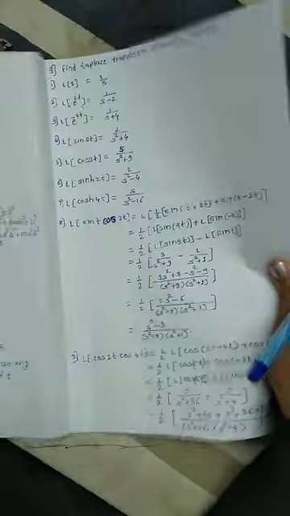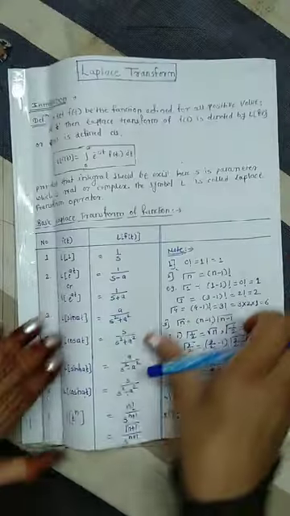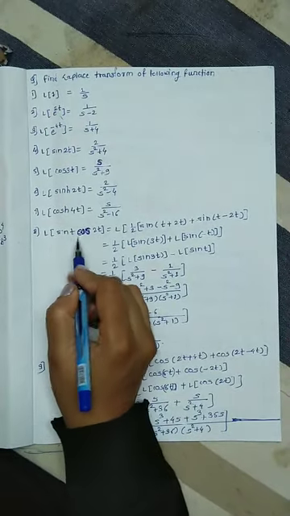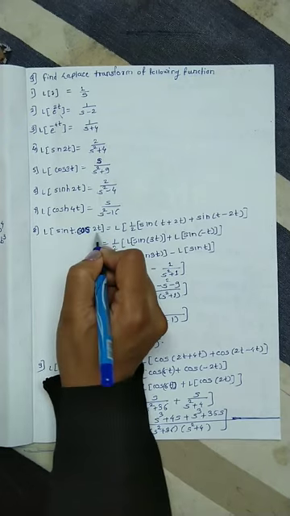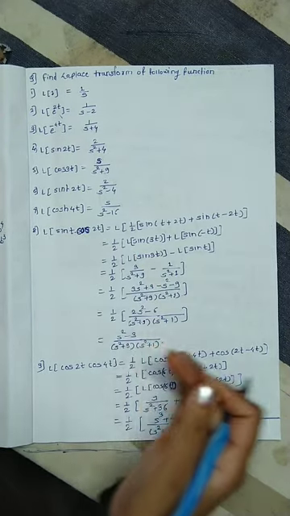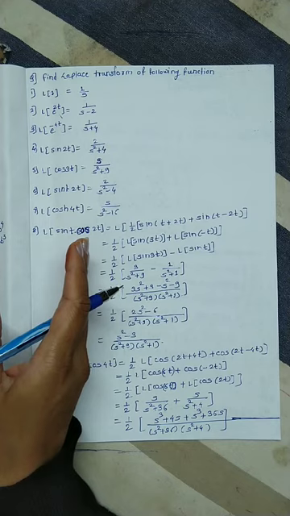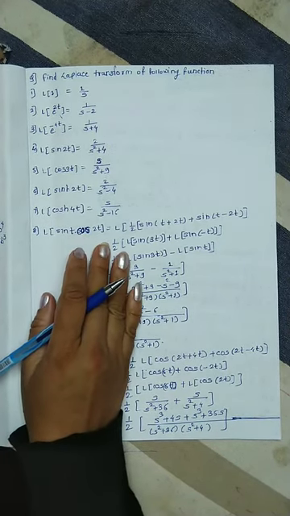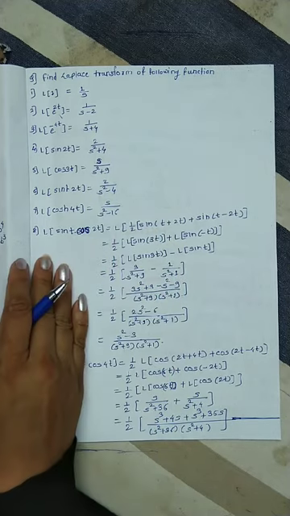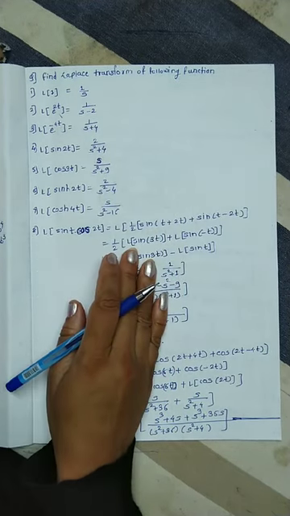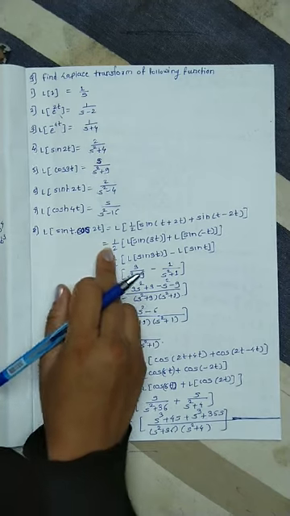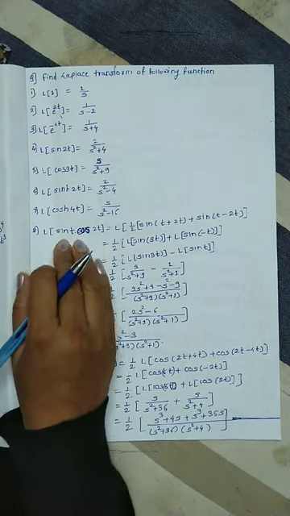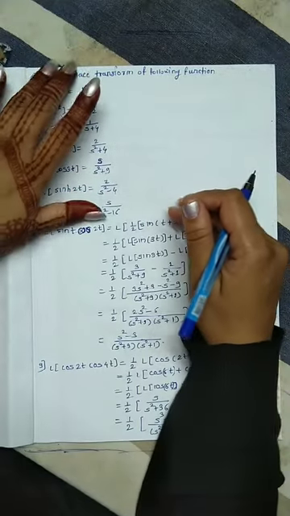First, Laplace of sine t into cos 2t. See, if there is multiplication of two trigonometric terms, or a square of something, wherever trigonometry or any complicated formula comes, we have to use the basic mathematical formula to convert those entities into simple ones in our 7 formulas only.